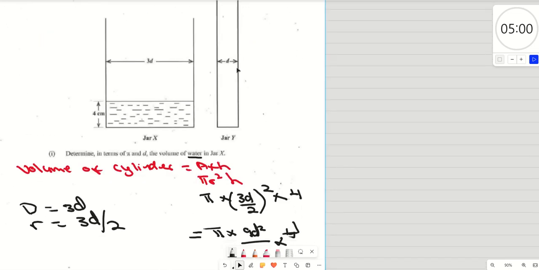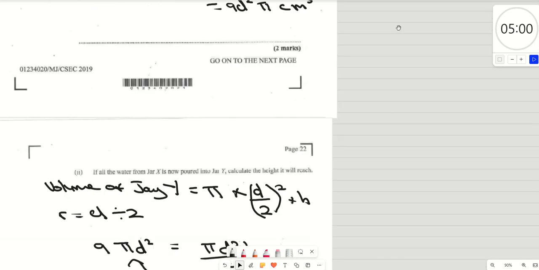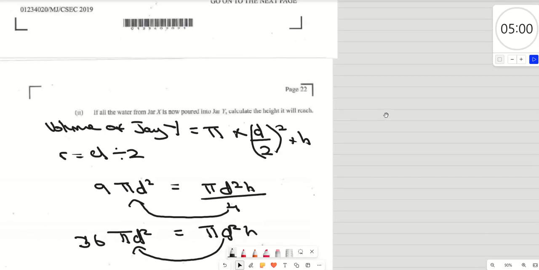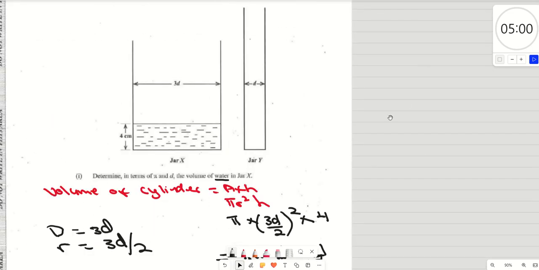So again, find the volume of the small jar. Its diameter is D. You make them equal to each other, because they said you're taking water from jar X and filling it up in jar Y. The volume of jar X should be the same as the volume of jar Y, because you're not wasting any water.